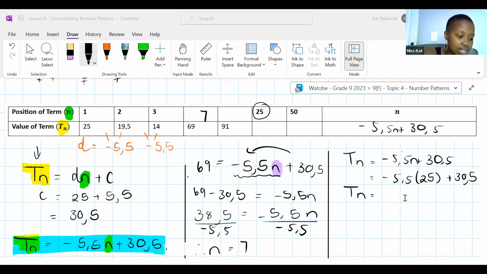Ooh, there's a lot going on, guys. So negative 5,5 times 25 plus 30,5. Guys, we're doing number 25. Listen to the instruction. We're working out the value of the one in position 25.